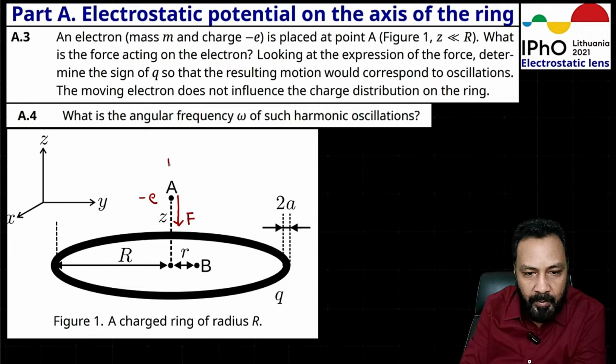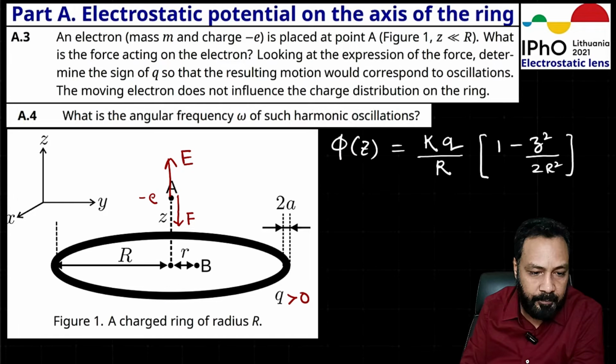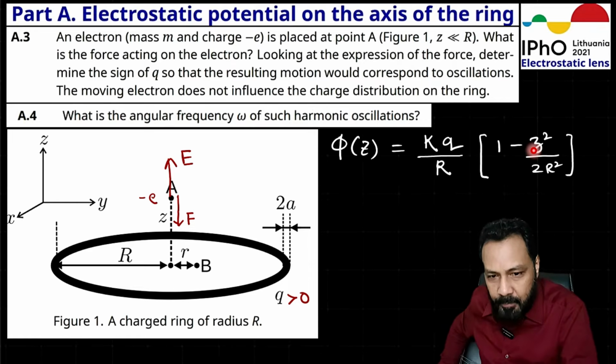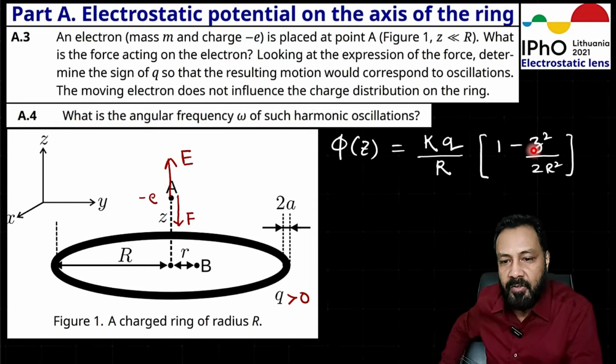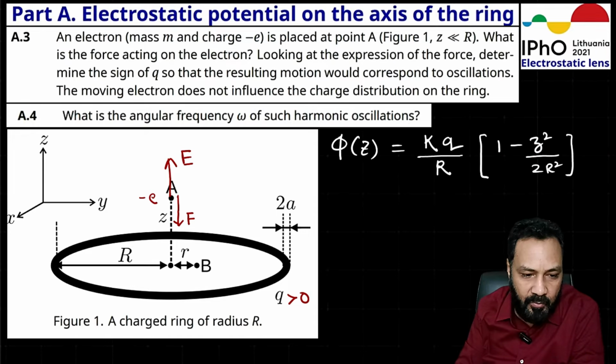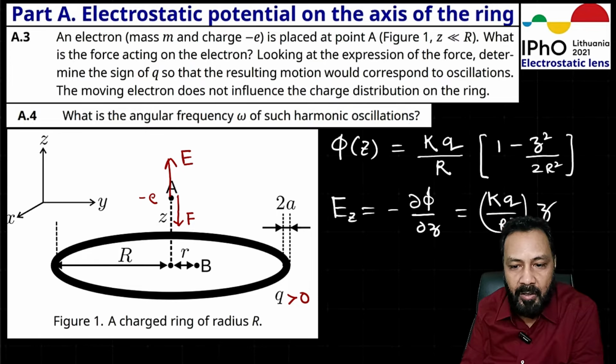So for that to happen, the electric field should be in this direction, and for this to happen, this charge should be positive. And now we had calculated this potential at a distance z from the center, kq by r into 1 minus z square by 2 r square. So electric field here would be minus del phi by del z. Differentiate this, and we will get kqz by r cube.